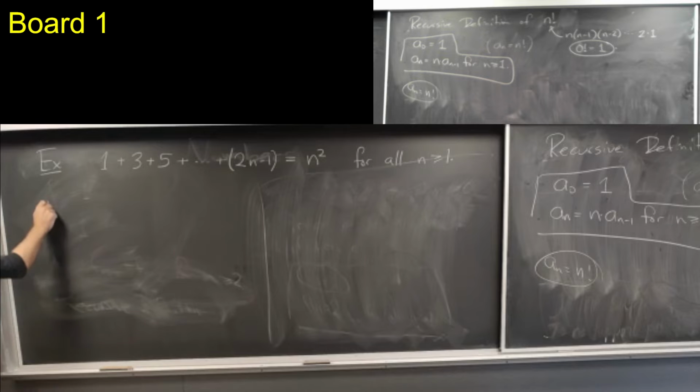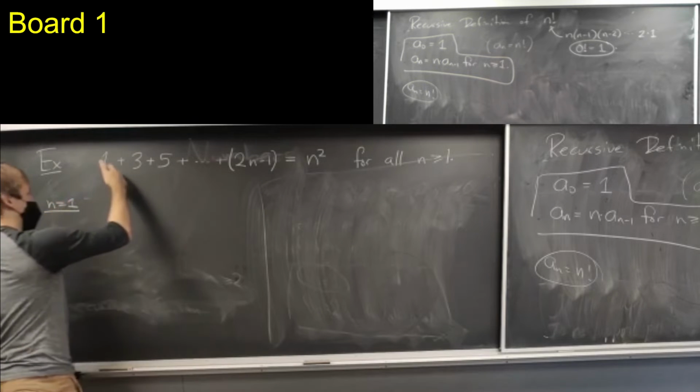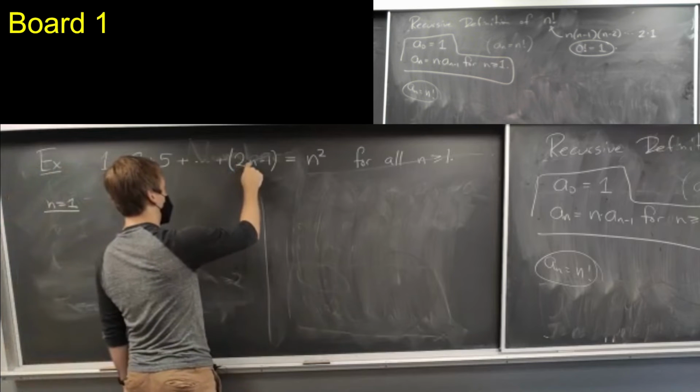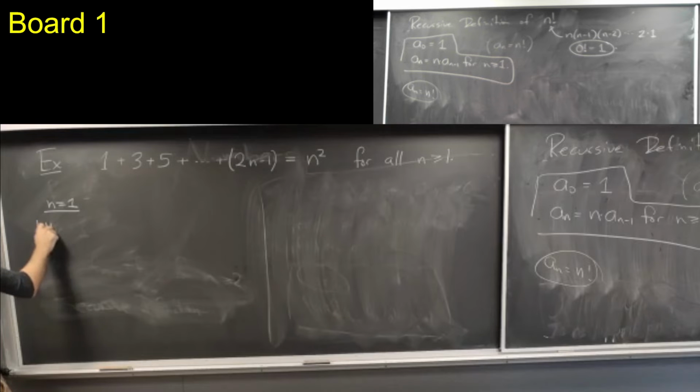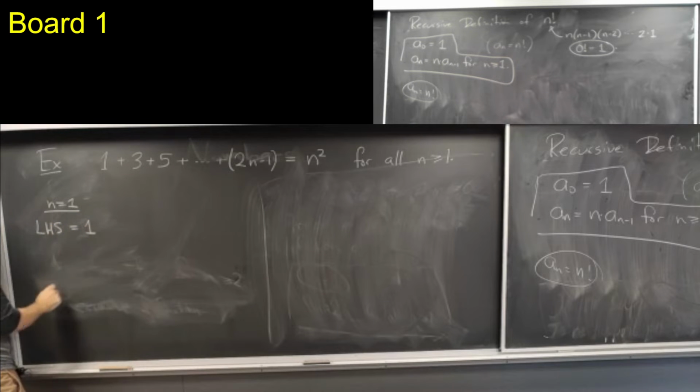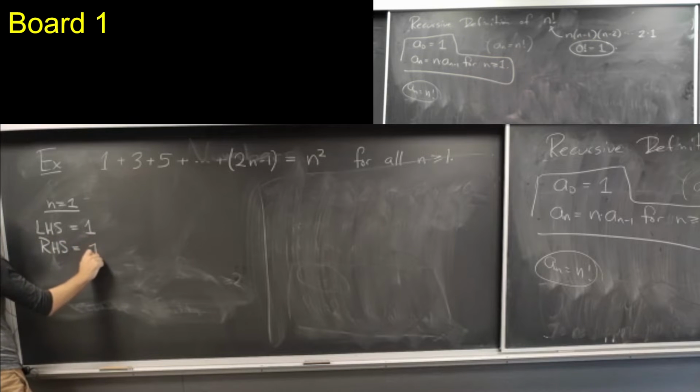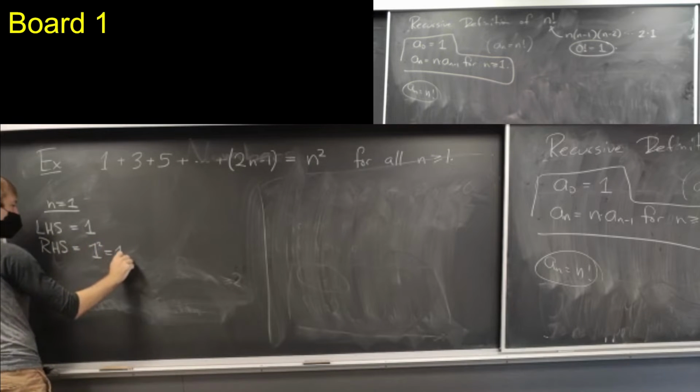For the case n equals 1, we're summing up 1 plus blah, blah, blah, up to 2 times 1 minus 1, which is 1. So my left-hand side is 1. My right-hand side is 1 squared, which is 1.